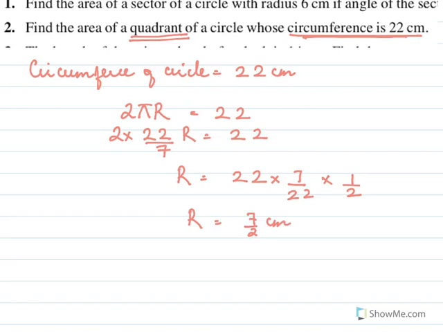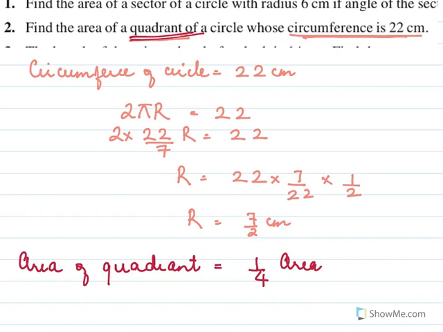But we are not done with the sum. We need to find the area of the quadrant. So area of quadrant: a quadrant is a quarter circle, which means a quarter of the area of the circle, which means 1 by 4, and area of the circle is pi r square.